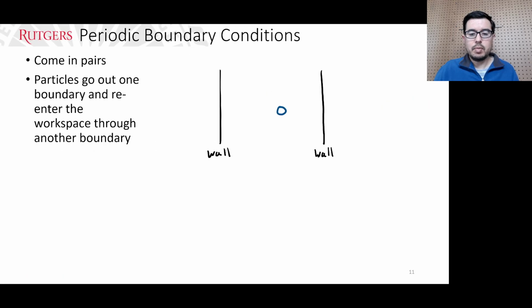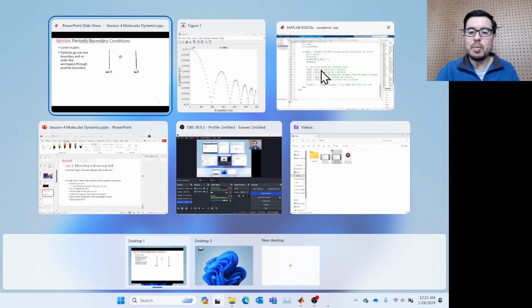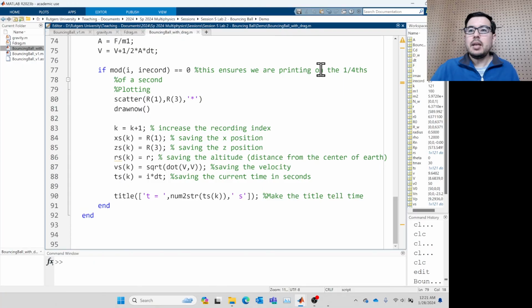You know, this is maybe a PowerPoint animation, but now we're going to do it as a MATLAB calculation. All right, so for that, we go back here, and for this, essentially, all we do is change it.